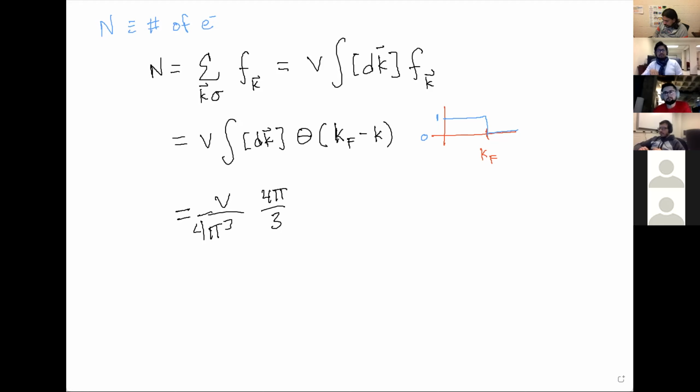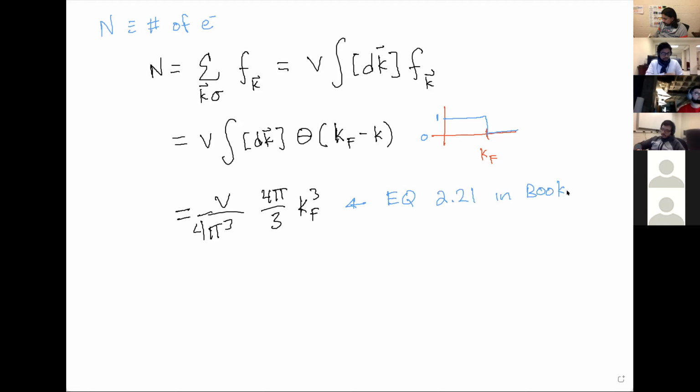And then this goes as kF cubed. So it's not the same as the delta function. It's the same idea though, that you're going to use the volume of a sphere and calculate this. So here you get the values for this, and you can compare this to equation 2.21 in the book.